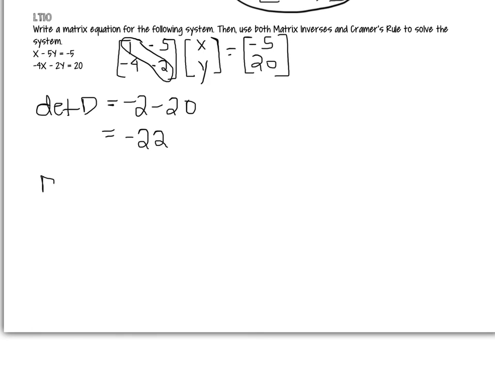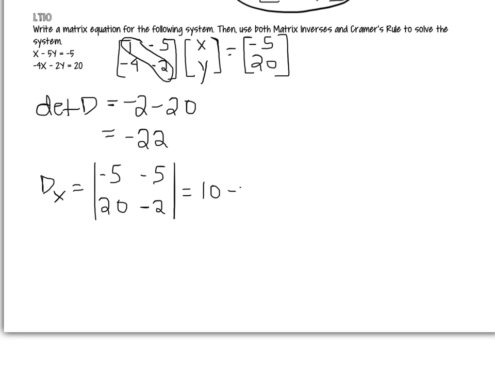Now determinant Dx, okay, that's going to be the determinant where I change the first column, which is my x coefficients, with our solutions, okay? And then my y column is just going to stay the same, okay? So we have -5 times -2, which is 10, minus 20 times -5.